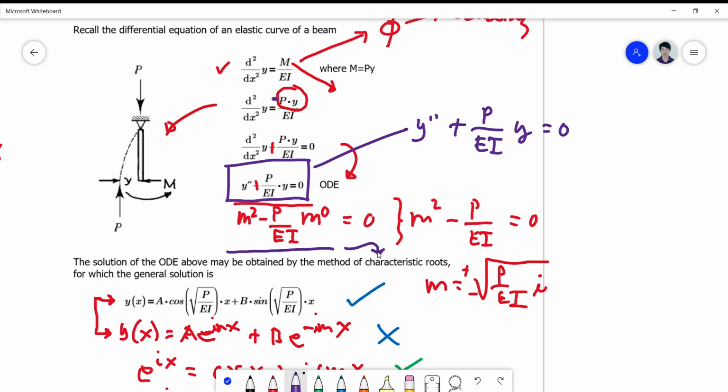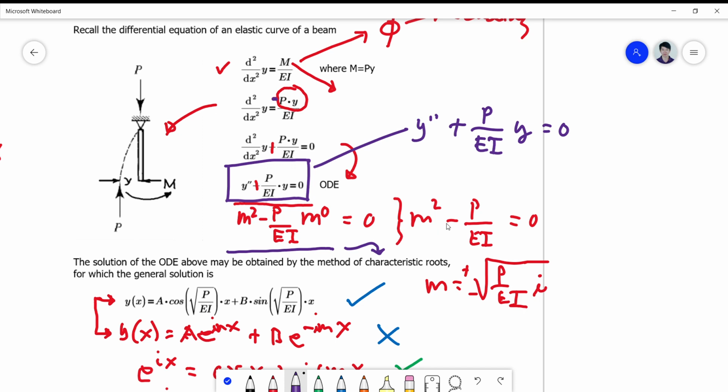Okay, so the m here is a variable, an operator which defines the degree of differentiation we have. This is a second degree, so this is m squared, and this is a 0 degree. There's no derivative here, so this is m to the 0.